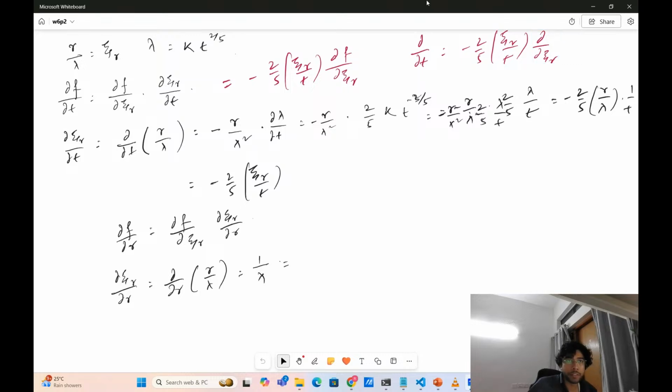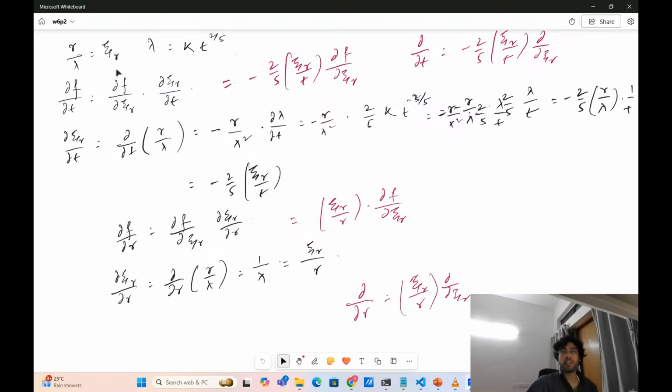And 1 by lambda, if you see from here, is just psi r by r, right? So this one can be written as psi r by r times del f del psi r.